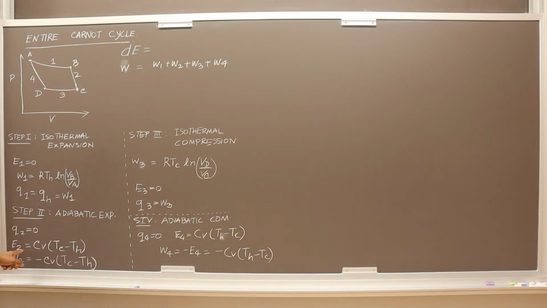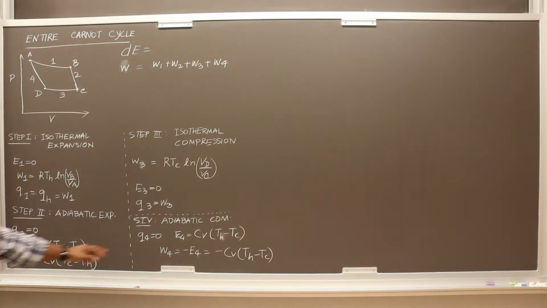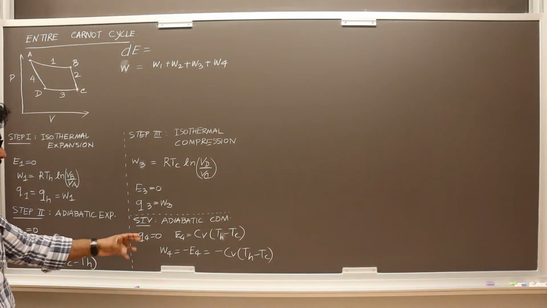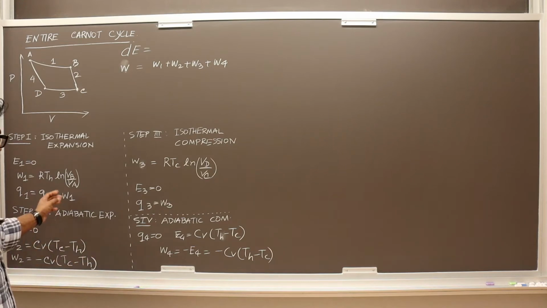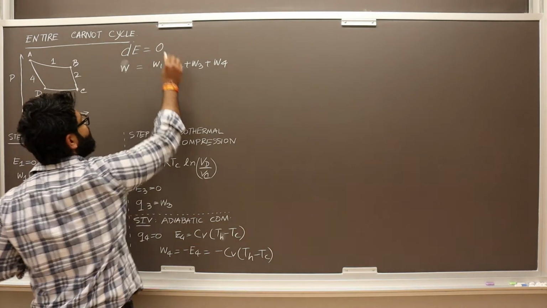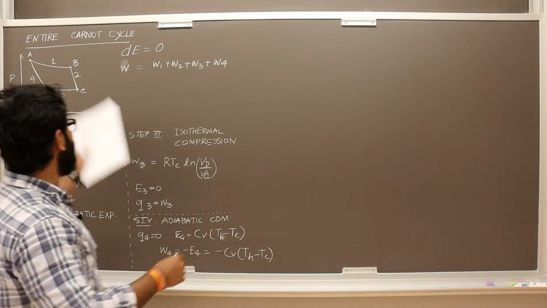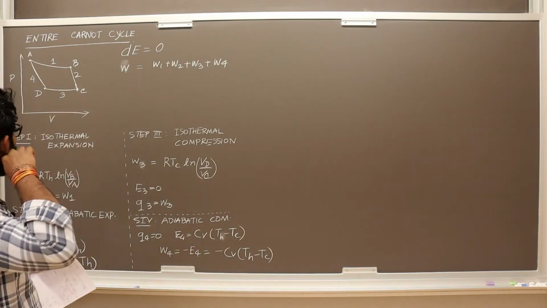Now let's see the value of E2 and E4. This is CV (TC minus TH), and this is CV (TH minus TC). So E2 and E4 are just negatives of each other. So this cancels this, and when you sum all these 4, you get a value of 0, right? Which is true because it's a state function. When you went through a complete cycle, you got 0.